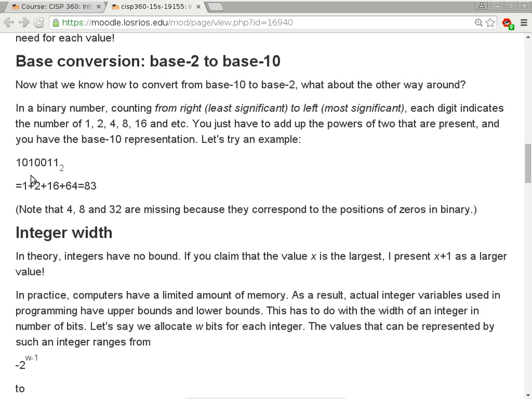If there's a point, then whatever is on the right-hand side of the point tells you how many halves, how many quarters, how many eighths, how many 16ths, and so on. So it's not really that much different from a base 10 number. It is just that we're dealing with powers of 2 in a binary number instead of powers of 10. For example, once you get to how many 128s, if there's another 1, that means how many 256s, 512s, 1024s, and so on.